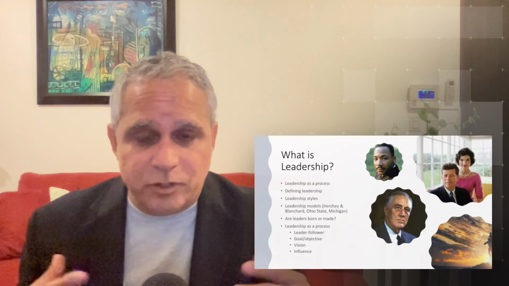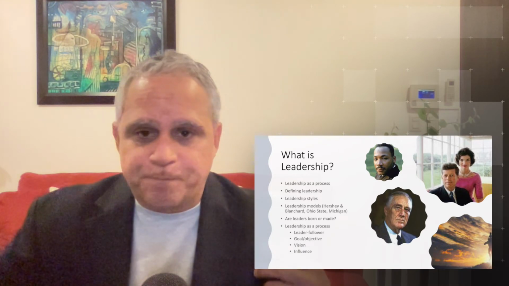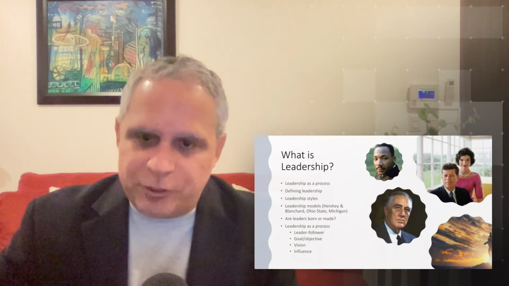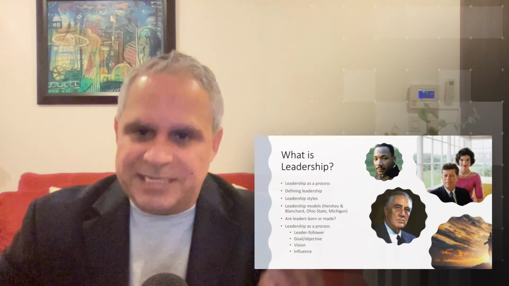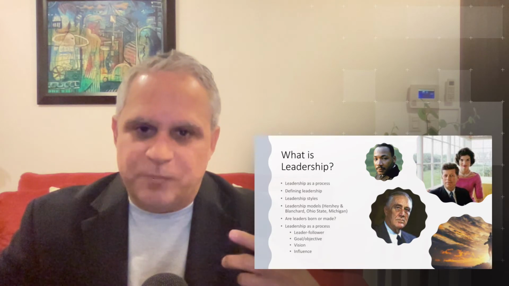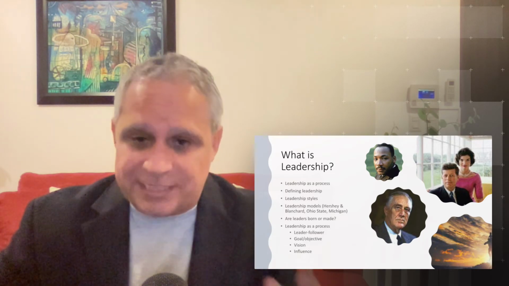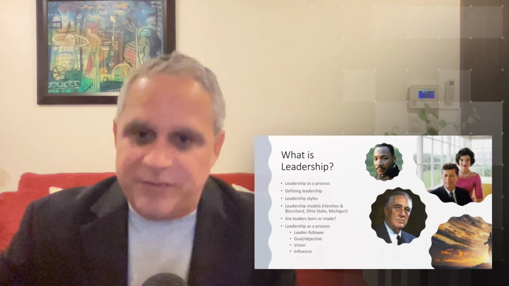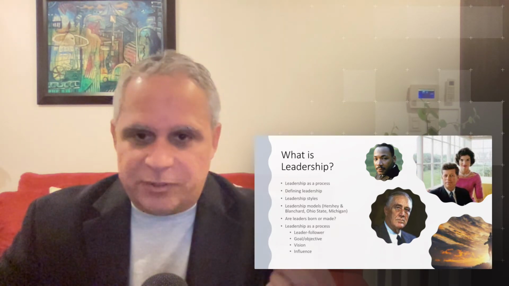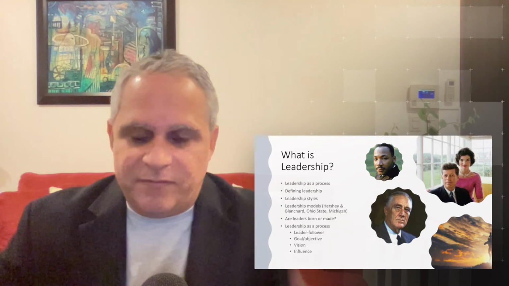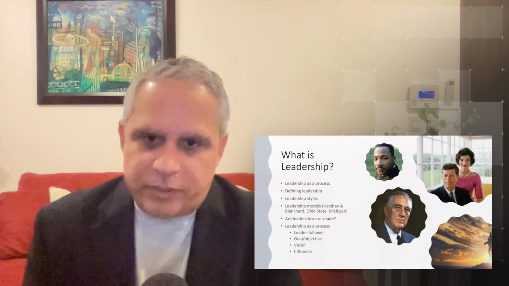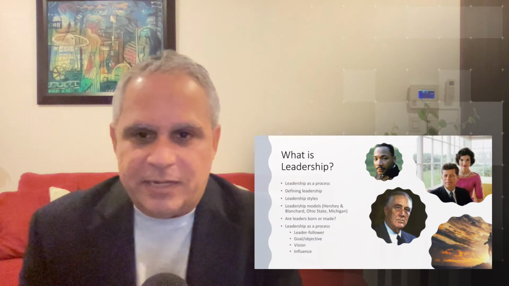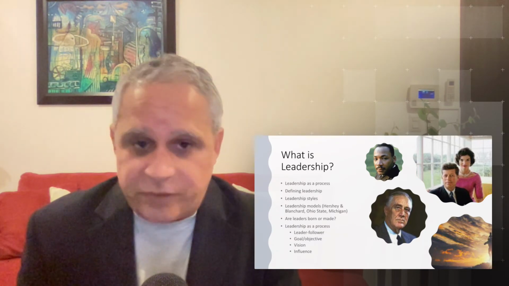You could also think about the entire civil rights movement itself as a process of leadership, because it involved many different individuals, not just Dr. King. Dr. King was obviously a very influential, very important figure in this movement, but there were other figures that were also very important.